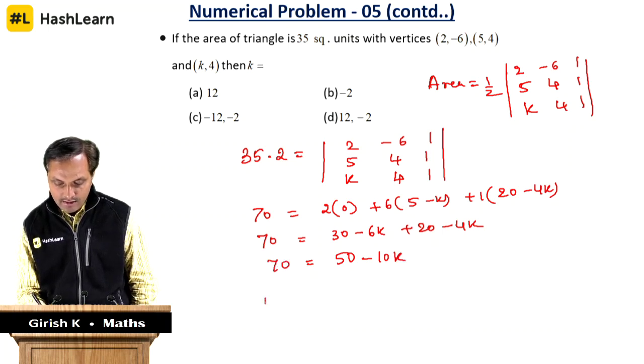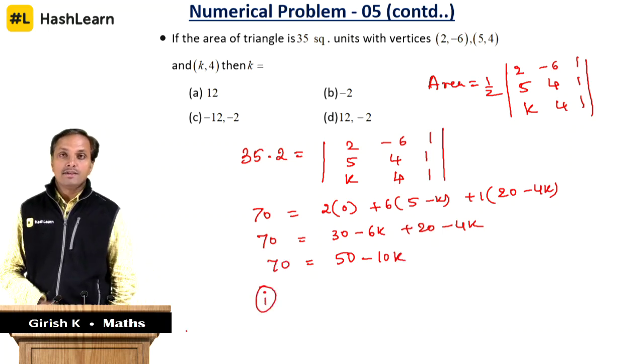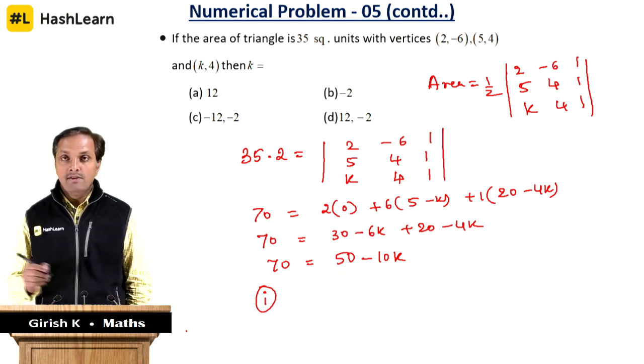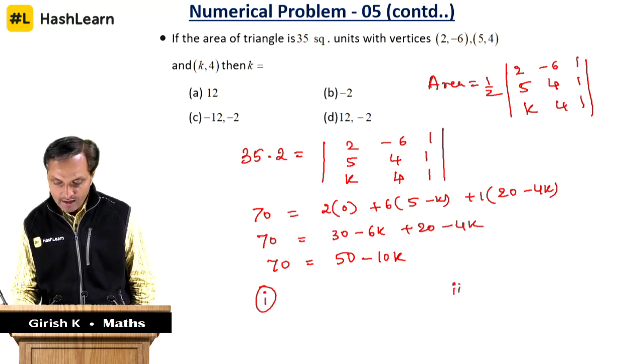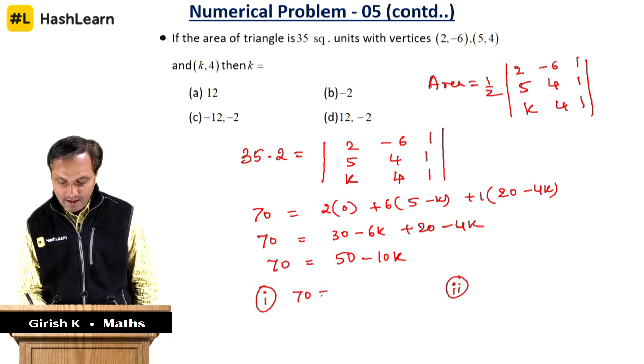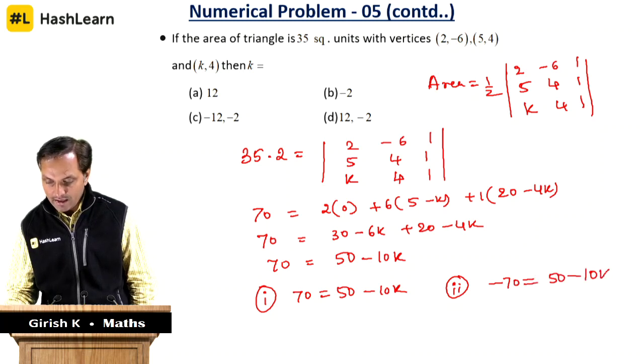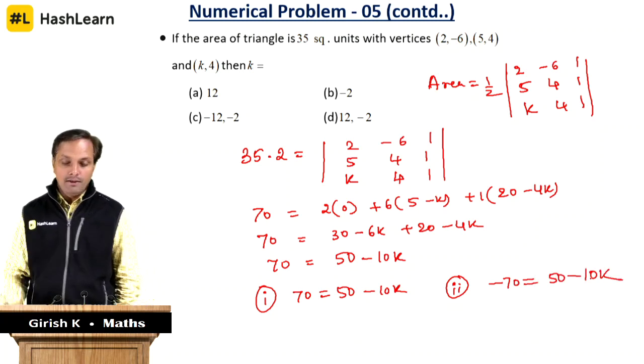This is 70. See, you need to take two cases. One is for positive sign of area and the second one is negative sign for area. If you take this as plus 70, 50 minus 10K, you can also take minus 70, 50 minus 10K. So two values of K will get here.